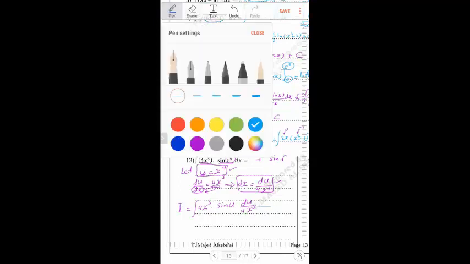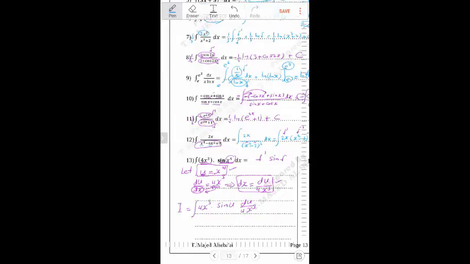Yeah. Okay, now this will be cancelled with this. What do I still have now? It is the integration of sine u du. Can't you do this? It is really easy. What is the integration of sine? See, everything has disappeared now.